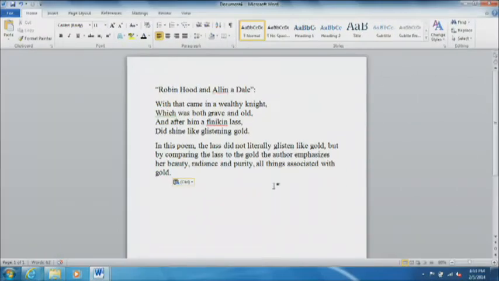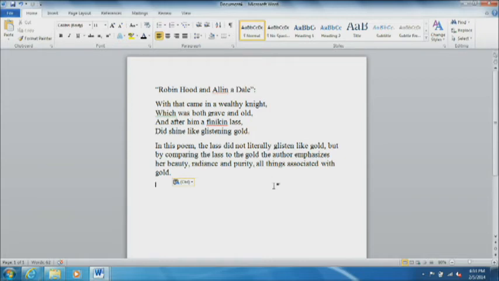And so I've actually pulled up a poem that has a simile in it. So if we can see my computer screen. This is a poem called Robin Hood and Alan a Dale. And so it basically says here that with that came in a wealthy knight, which was both grave and old, and after him a finicking lass did shine like glistening gold.